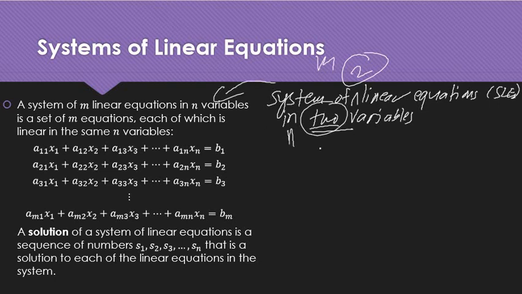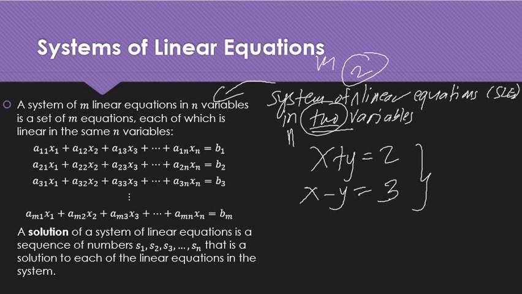Usually you would encounter something like x plus y equals 2, x minus y equals 3, and we were asked, most probably in high school, to solve for the values of x and y. We are going to expound on that because we cannot just have two, we can have a lot of equations. But first, we need to review how to solve systems of two linear equations in two variables.